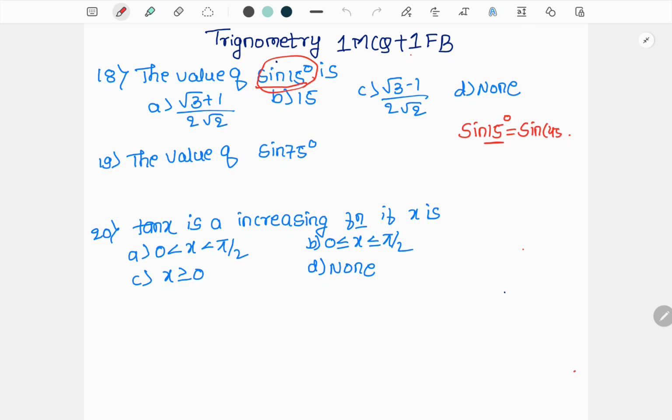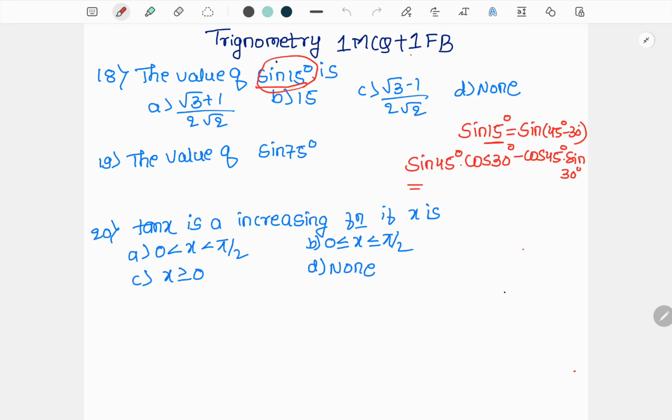Sine of 45 minus 30. So it is sine of x minus y. What is sine of x minus y? We know sine A into cos B minus cos A into sine B. This is the formula.